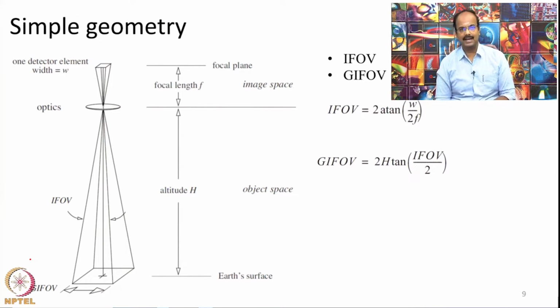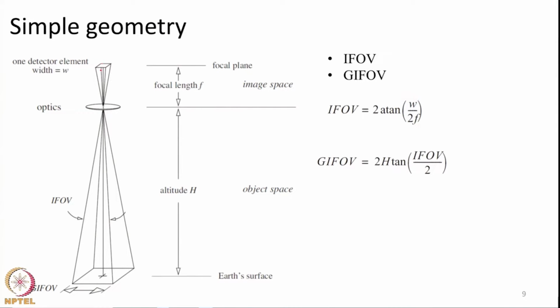So, now we are going to start with the concept of spatial resolution. Before we explain what spatial resolution is, we will first see a simple geometry of how the Earth is perceived by one detector element within the sensor. So, let us assume this is one detector element within the sensor.